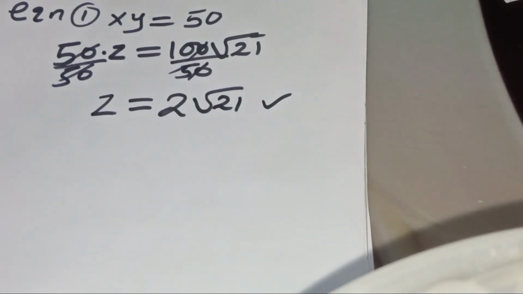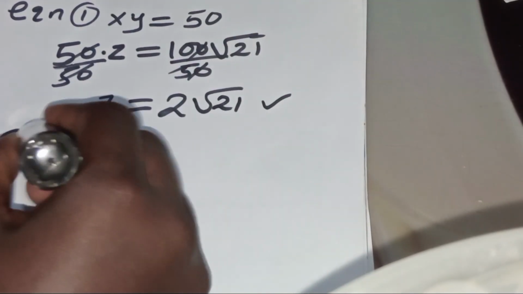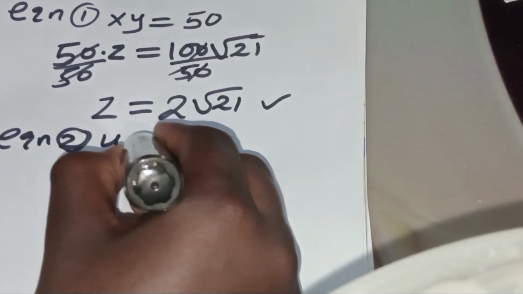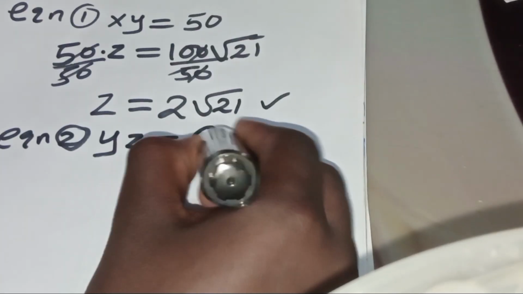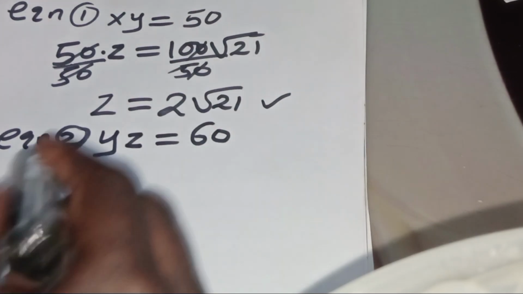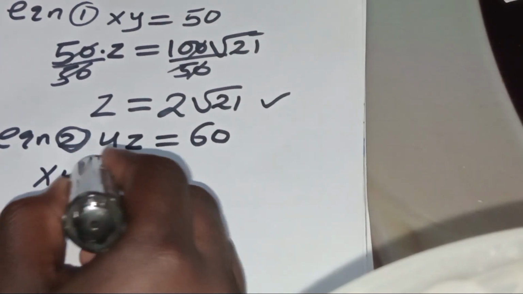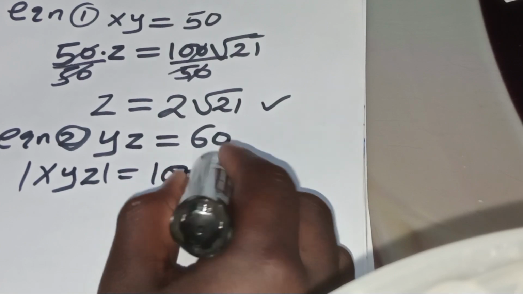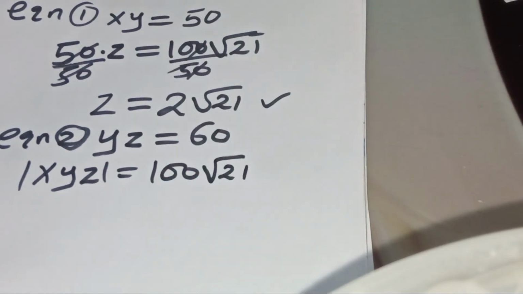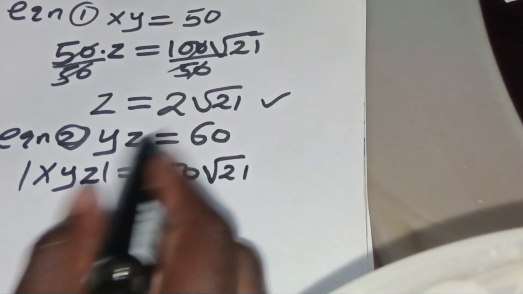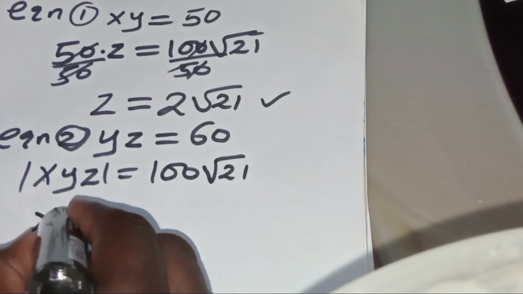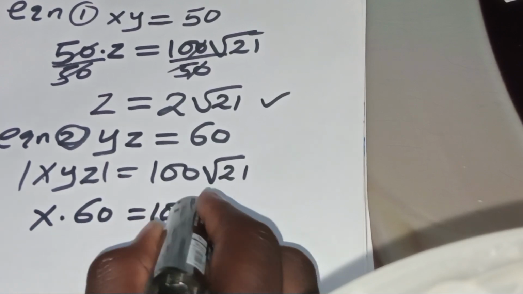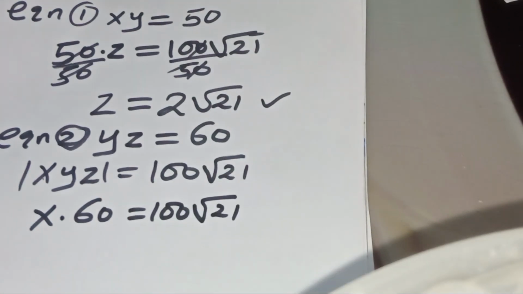Now let's solve for the other values. From equation 2, we have yz equal to 60, and xyz equal to 100 square root of 21. So x times 60 is equal to 100 square root of 21.